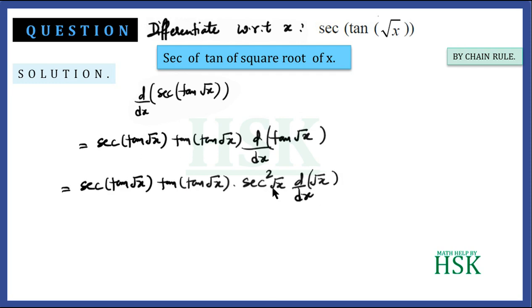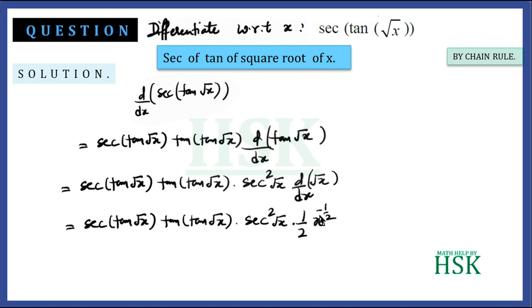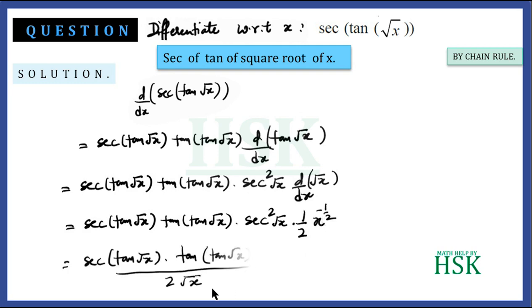So these terms as it is into sec square root x into d by dx of root x, and now d by dx of root x does not require any substitution because it is equal to x to the power of 1 by 2, and differentiation of x to the power of 1 by 2 is equal to 1 by 2 x to the power of minus 1 by 2, and this x to the power of minus 1 by 2 can be written as 1 upon root x. So this would give me the required answer. So this is how I'm going to solve this question by chain rule.